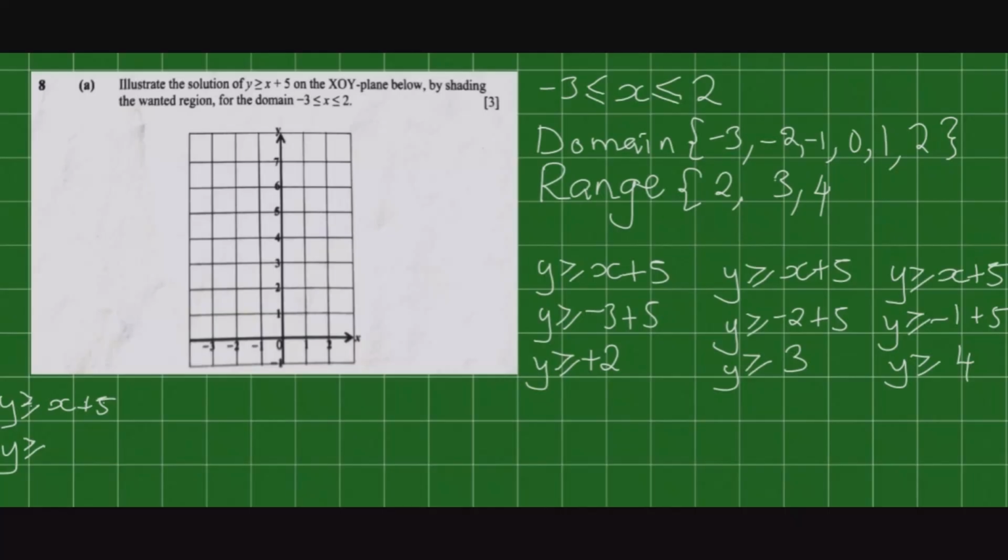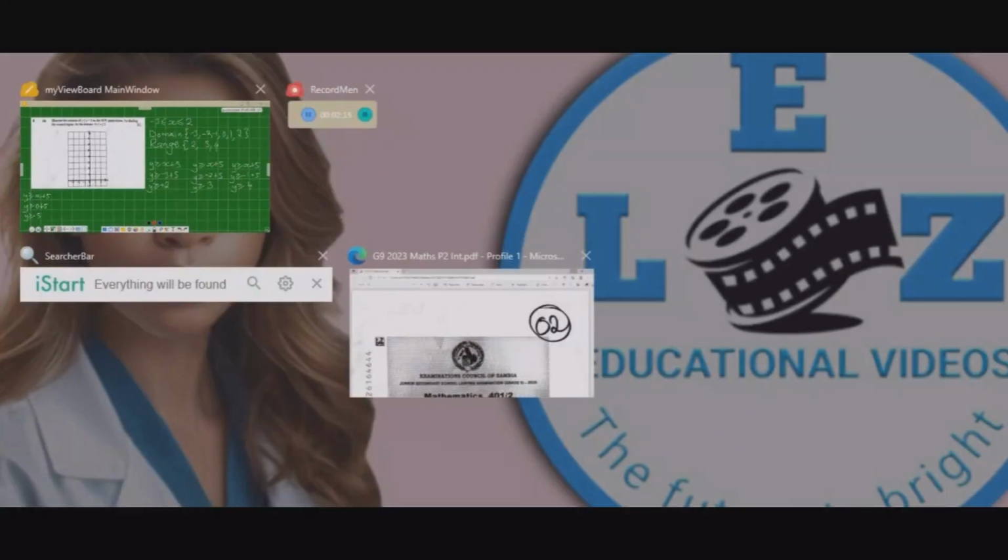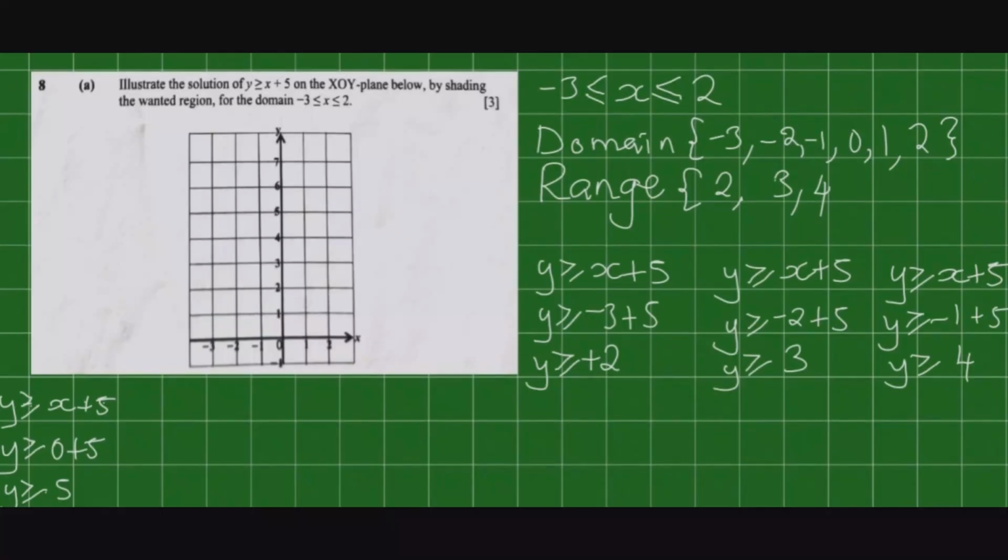So where there is x, we'll put 0 plus 5. Then y is greater or equal to 0 plus 5, which gives us 5. So when x is equal to 0, y will be equal to 5.